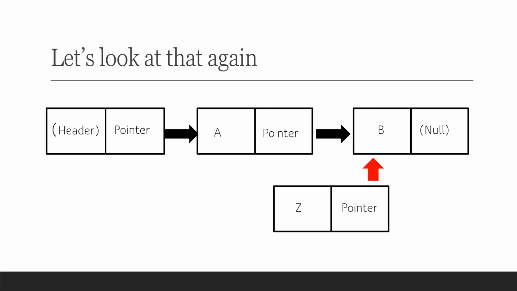Could be millions of items. So I'm copying the pointer from A to Z before I make any other changes. That means the pointer is safe. I've got a copy of it before I overwrite it. Only then do I change the pointer from A so it points to Z.